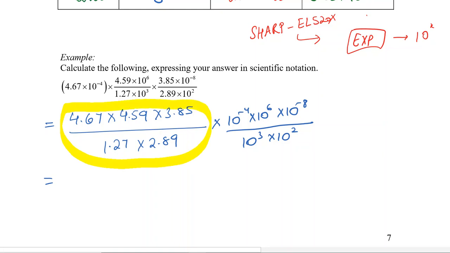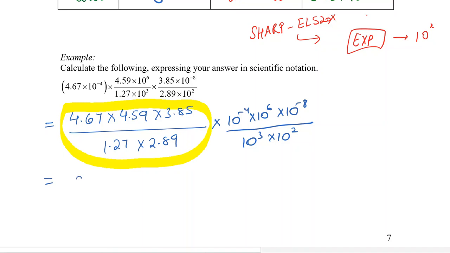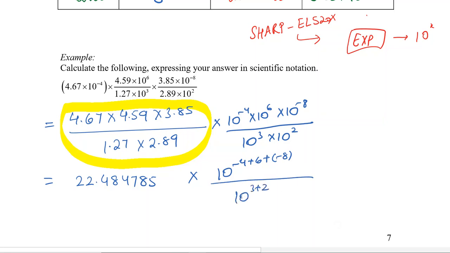When we use the calculator, we find that we have 22.484785. And what is the 10 raised to power? All the exponents are added together if they are separated by multiplication. So I'm going to add all the exponents on the top and all the exponents on the bottom.